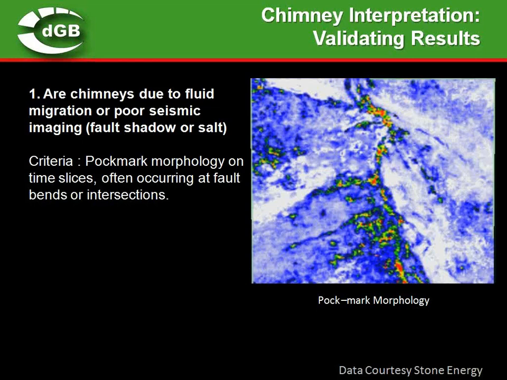What we want to do, the criteria for distinguishing that, is a pockmarked morphology on time slices, which often occur at fault bends or intersections.